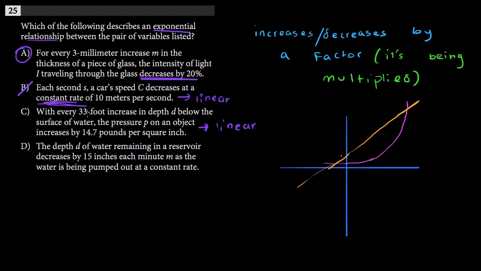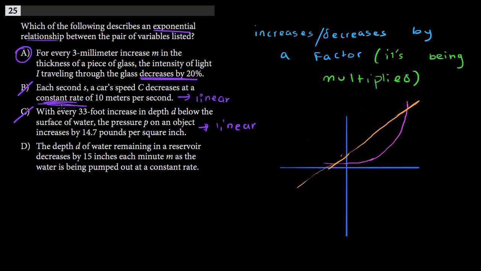It's not being multiplied by a number. What you need to understand is that linear relationships will be adding a number. Here they're adding 14.7 every 33-foot increase. For every 1 second increase in s, 10 meters per second is being added, right?